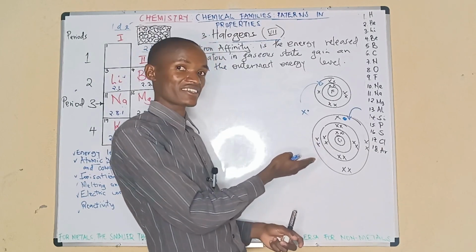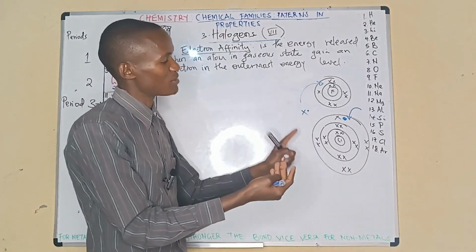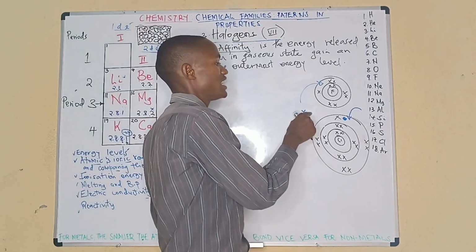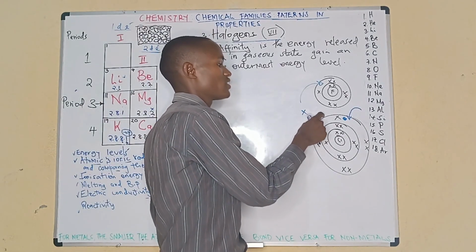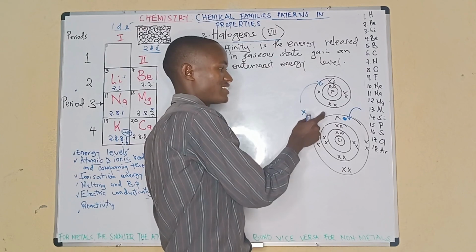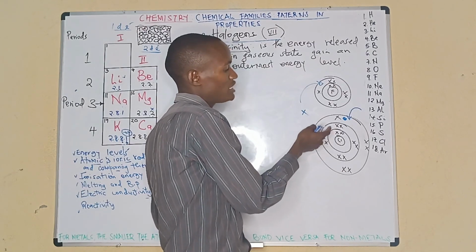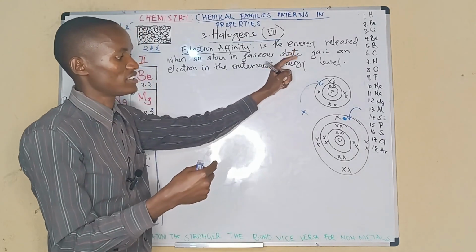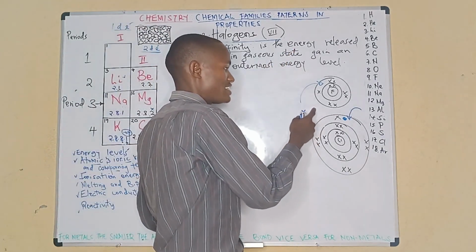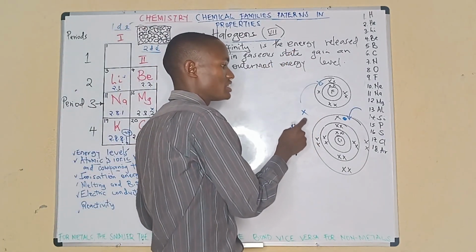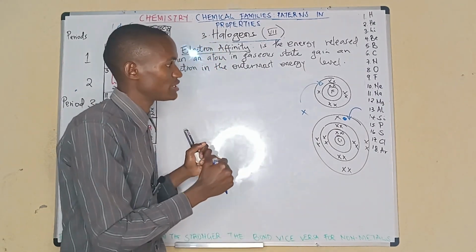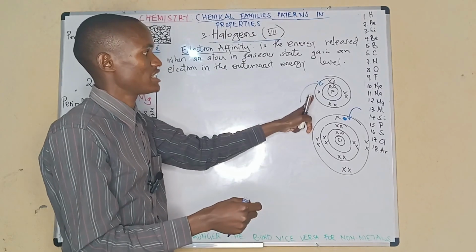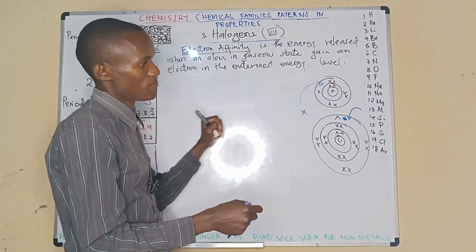Chlorine is very reactive, by the way, but I'm comparing. Sorry, more energy will be released. We are talking of energy being released. Chlorine will release more energy for it to gain this. But for fluorine, it will be a bit easy because gaining it is easy.